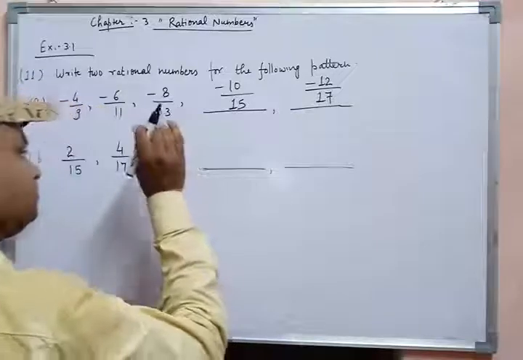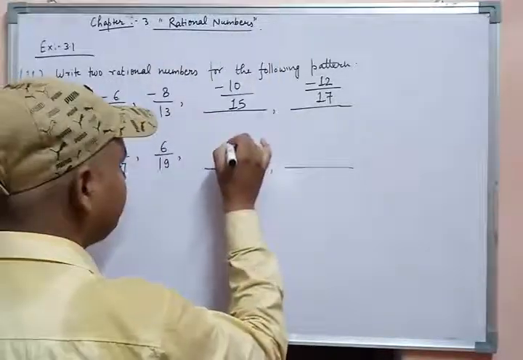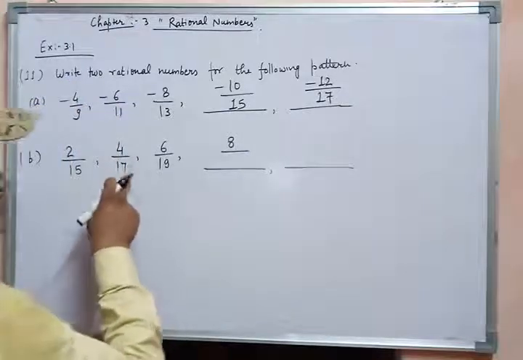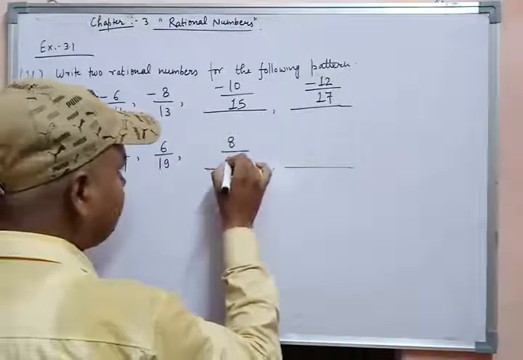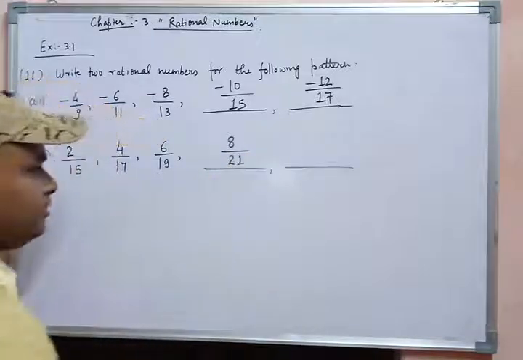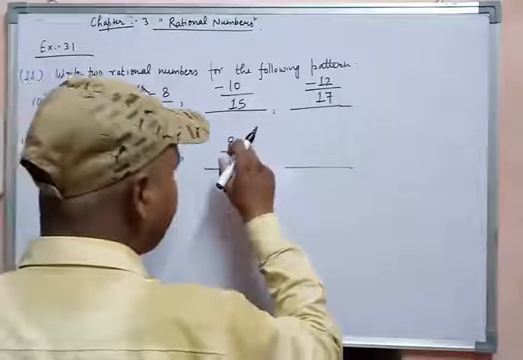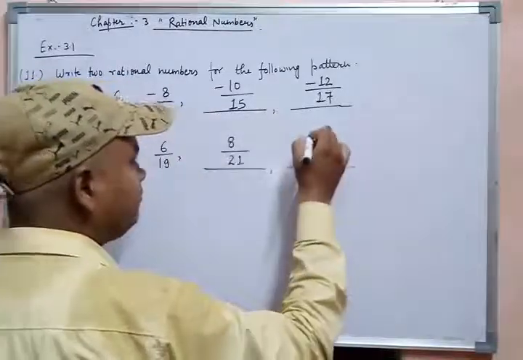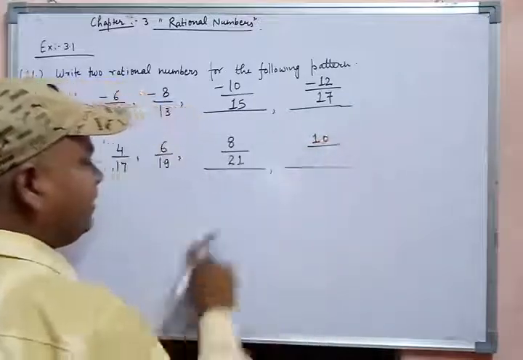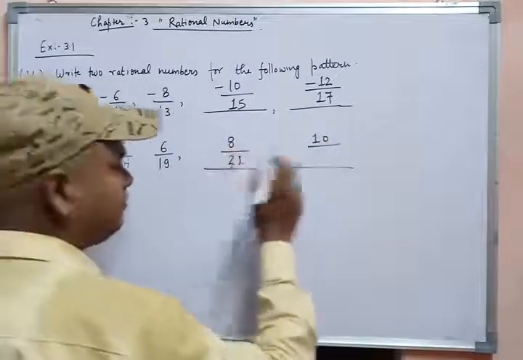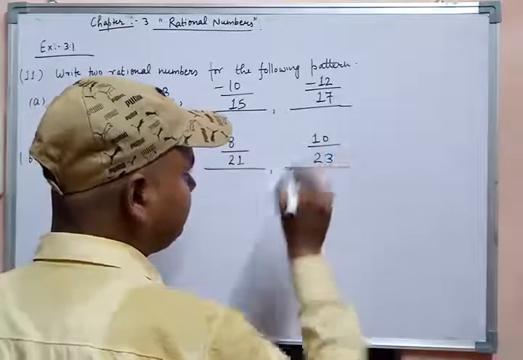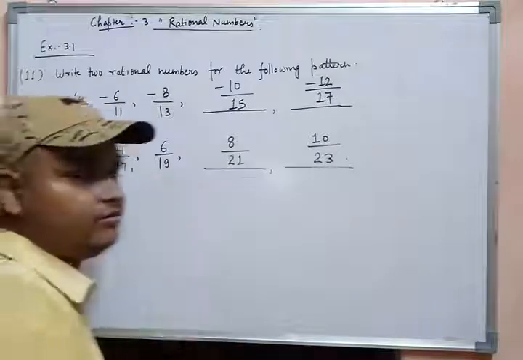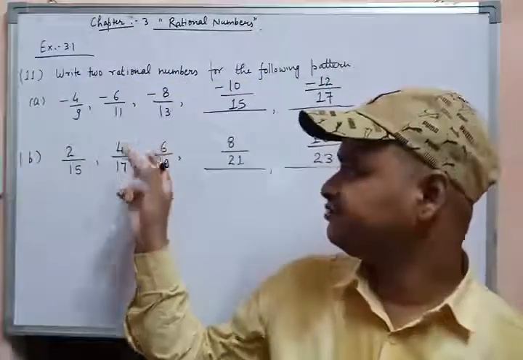If we add 2 in 6, then we will get 8, and 15 plus 2 is 17, 17 plus 2 is 19, 19 plus 2 is 21. And if we add 2 in 8, then we will get 10, and if we add 2 in 21, then we will get 23. Okay, so this is the pattern you have to follow for solving this question, A and B.